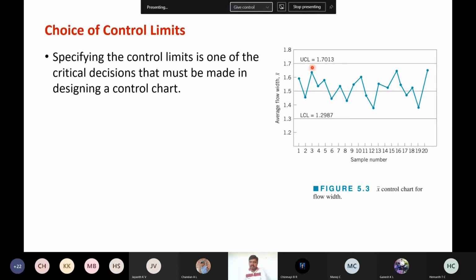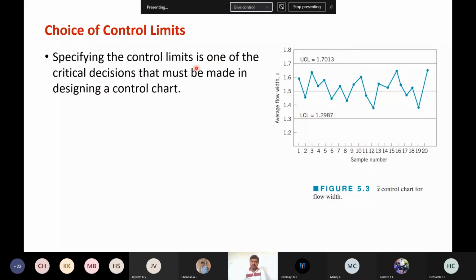If the points lie beyond the upper control limit and lower control limit, we evaluate in detail whether the process is in control or not, and what is the reason for getting points out of these control limits. In order to do that, first we have to fix what the upper control limit and the lower control limit are.